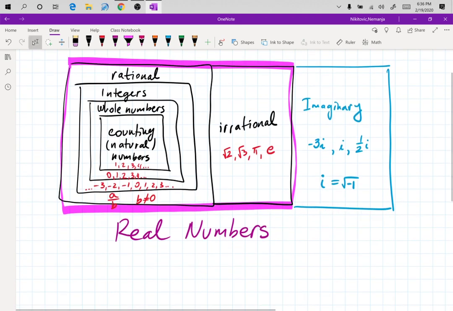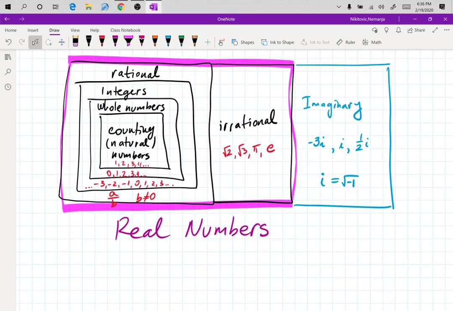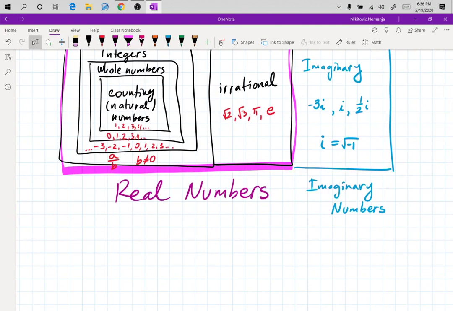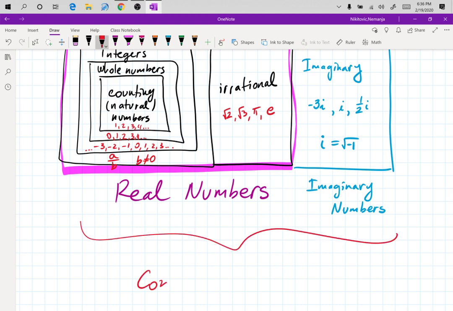Now, when you mix real numbers with imaginary numbers, you get what we have in the title. It's called a complex number. So when you put these two together, you get a complex number.